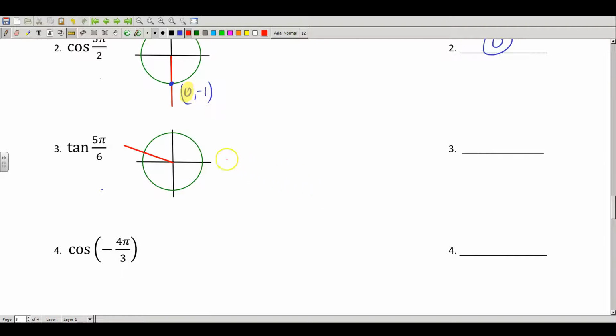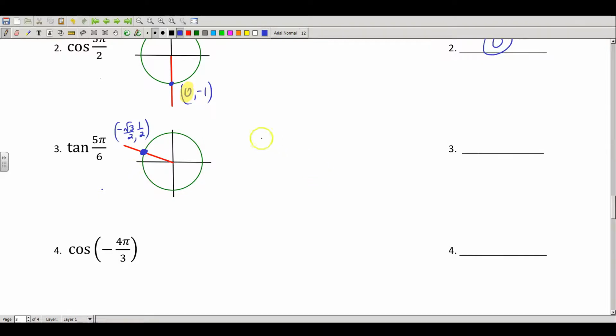We want to be able to draw this 5 pi over 6, sketch it, and then reason and say, all right, what's this point? Well, that's going to be a long side to the left. It's going to be -root 3 over 2, comma, it's going to go up 1/2. So there's the point for 5 pi over 6.